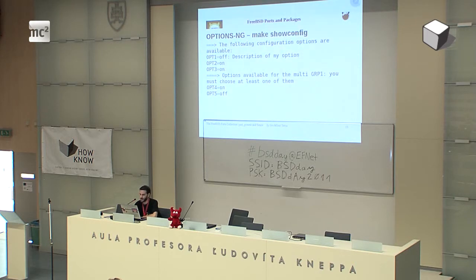So going again to show config, there are the binary, let's call it that, binary options. We have options where you have to choose at least one of them. And again, the same thing for the second group of options. And then the third type of options, where you can choose one and only one.